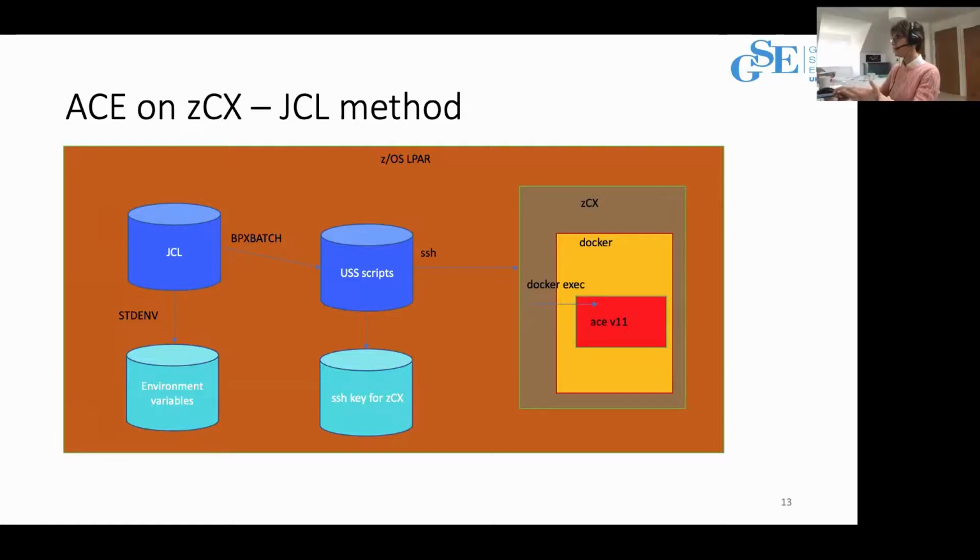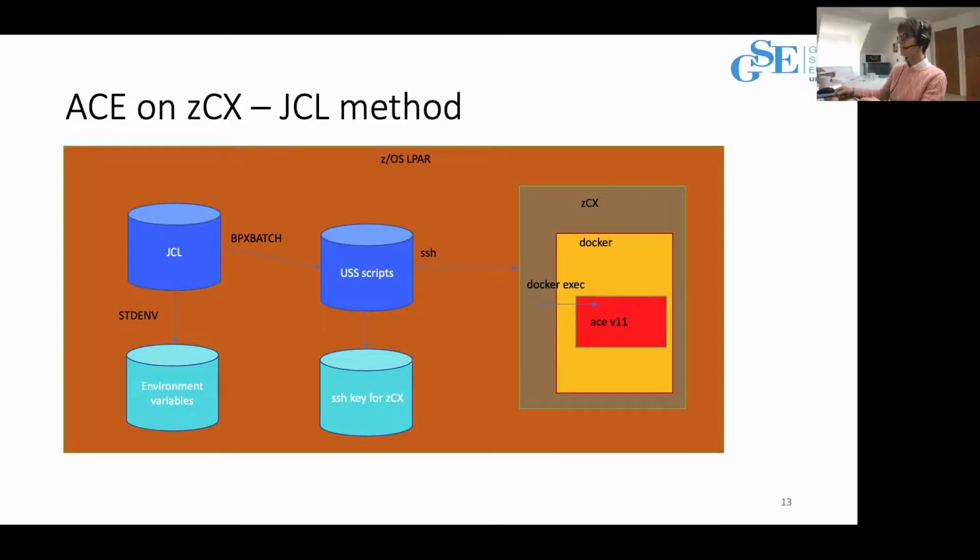We ship an ACE Docker version that you can run, or you can use that to build your own, or you can build your own if you already have your ACE container. Just make sure it's built for s390x. So we ship JCL either to do a Docker load if you've got an existing image, or we've got a sample Dockerfile and JCL that you can run in order to build the image that you then run. So yes, you can build the image or load it, then you can administer the ACE server.